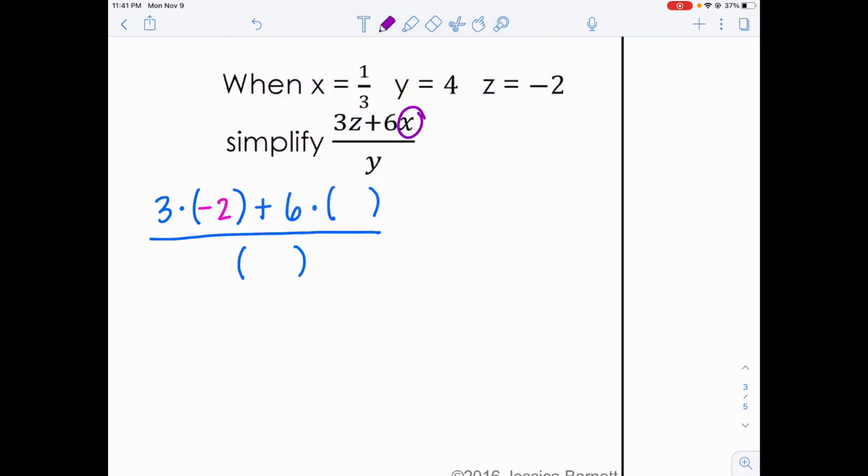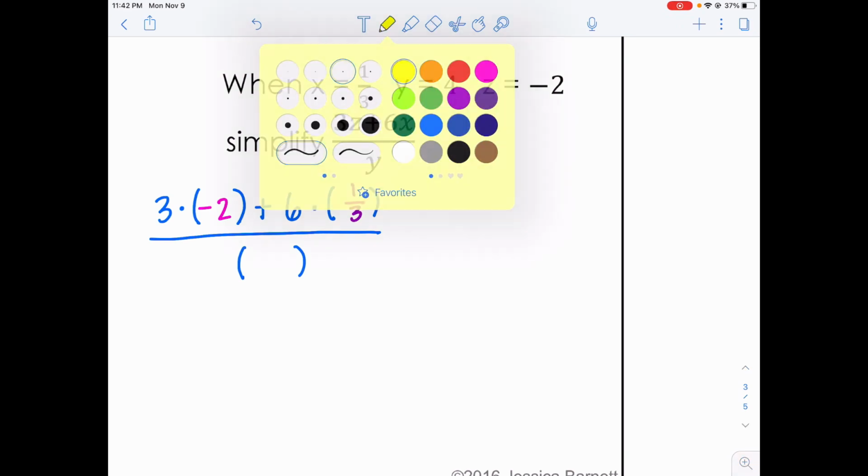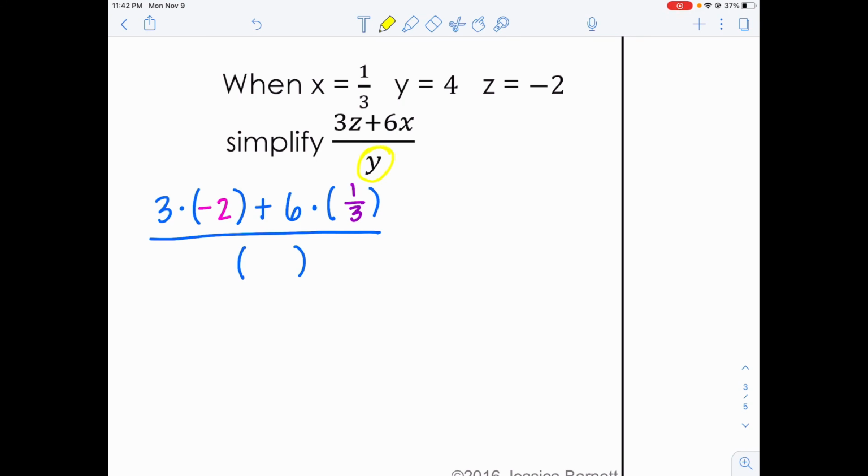So x, look up to the top, is 1/3. Put 1/3 inside the parentheses. And then finally, the last variable to substitute is y. That's on the bottom. Look up here, y is 4, so I'm going to put 4 on the bottom.